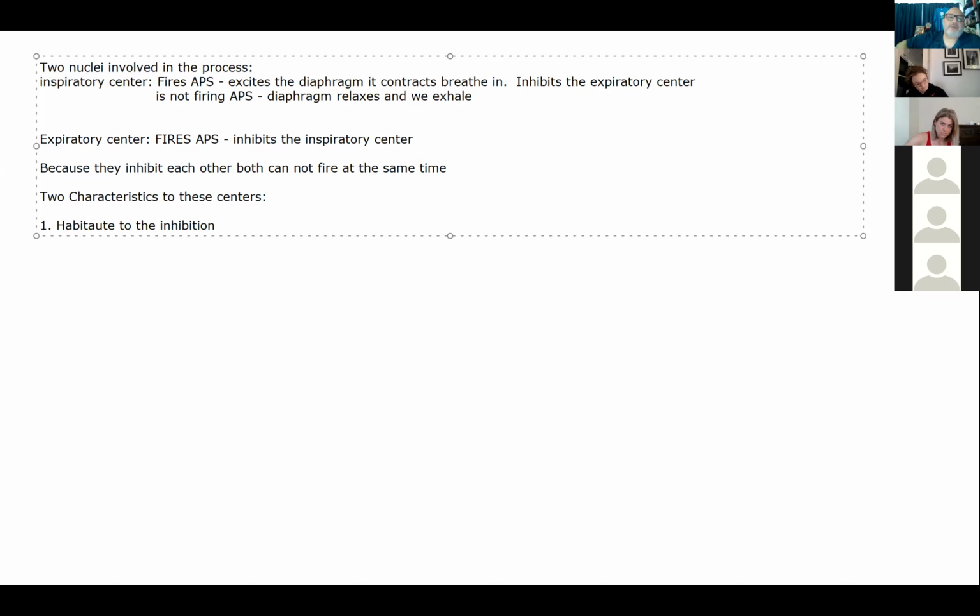So when the expiratory is inhibiting the inspiratory, eventually it loses its effect. So these centers habituate to the inhibition, which means that the inhibition cannot last forever.